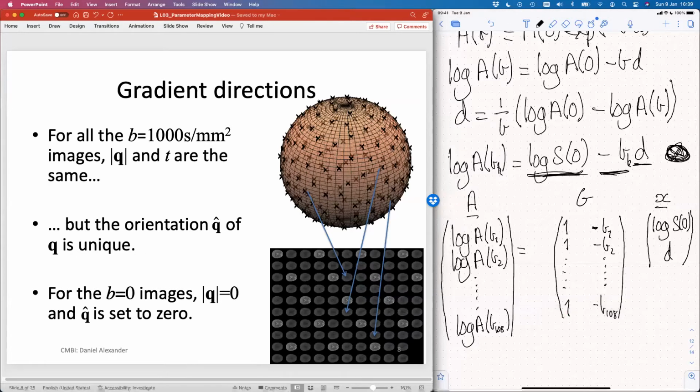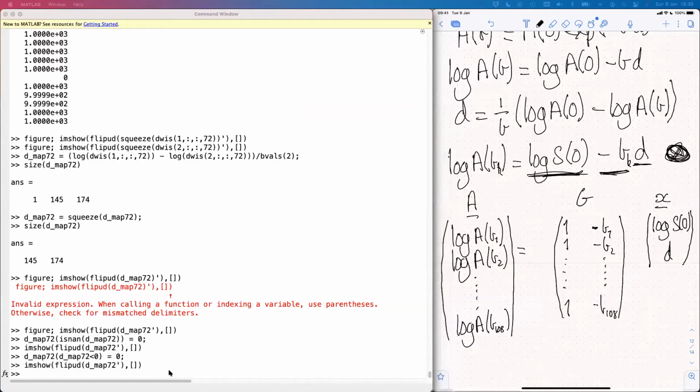So let me jump to MATLAB again, and we will implement this idea just to illustrate. So let's start by just looking at one individual voxel. I'm going to call it avox. And we'll pull out one voxel, all 108 measurements corresponding to that voxel.